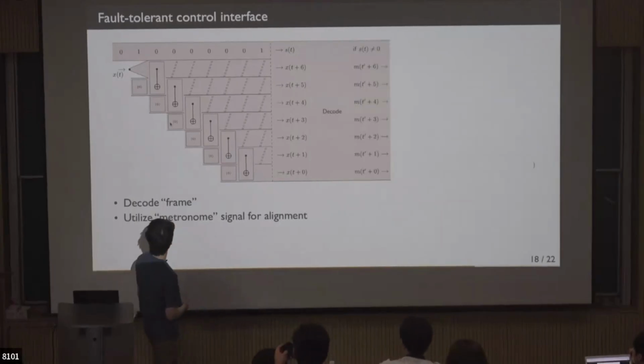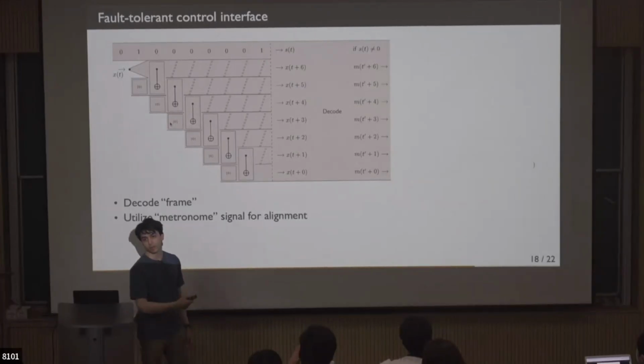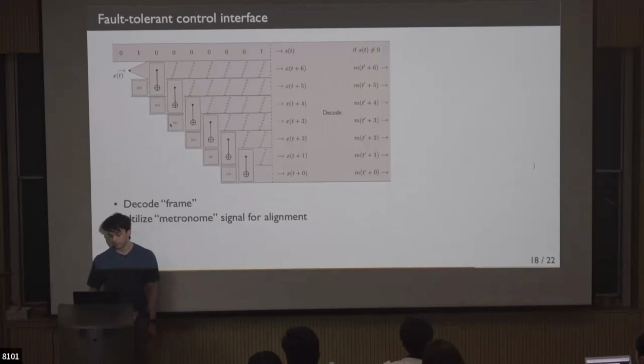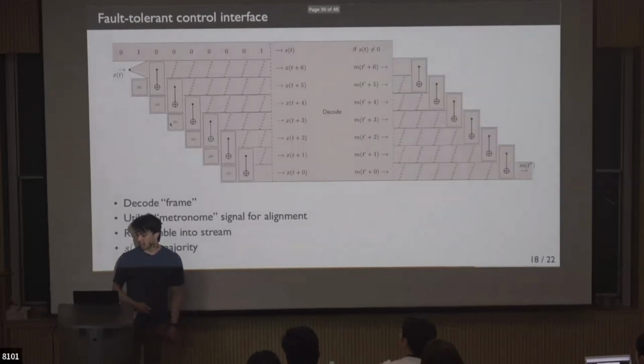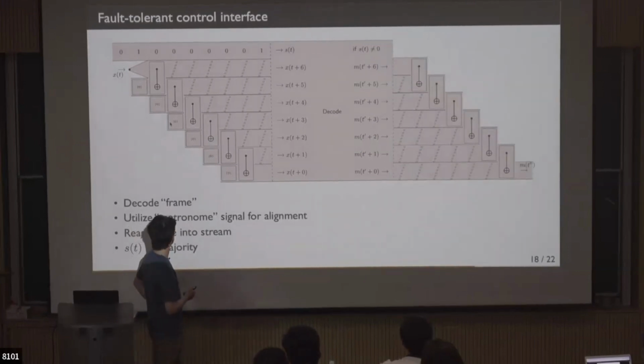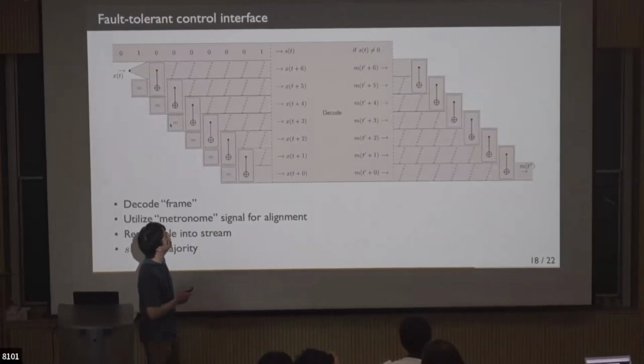Then I run my decoder from my classical code, and I get a bunch of message symbols. If this value is 0, I output all zeros. If it's 1, I output the decoded value. Then I recombine them by doing the skipping trick again and summing the result.